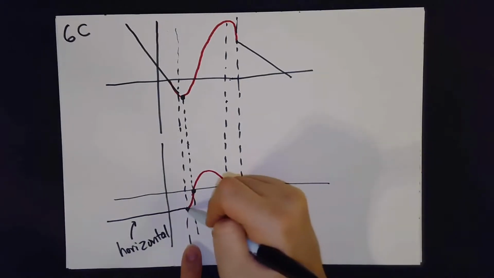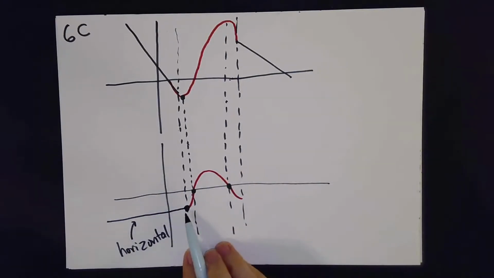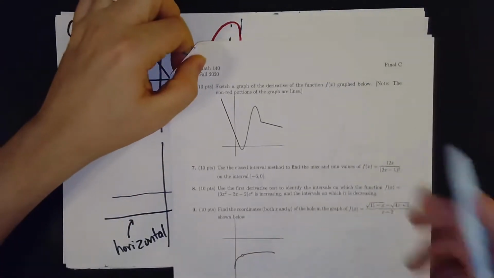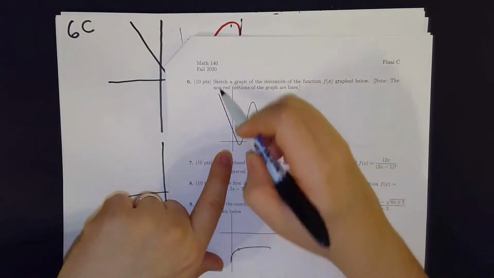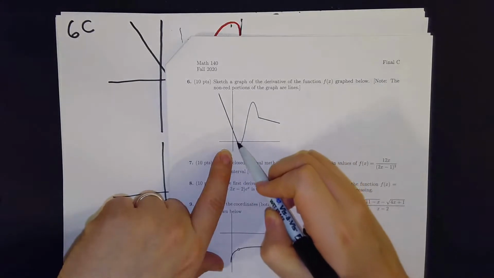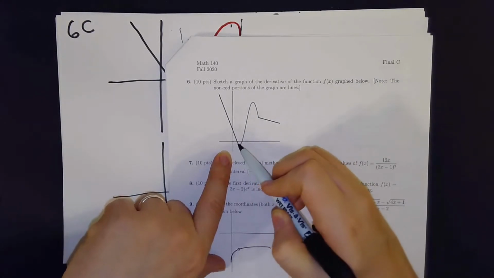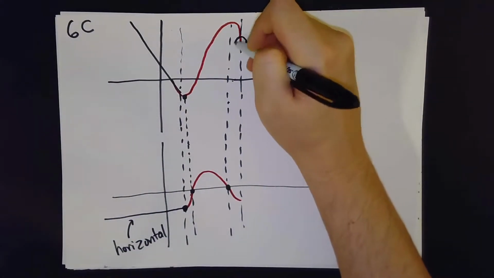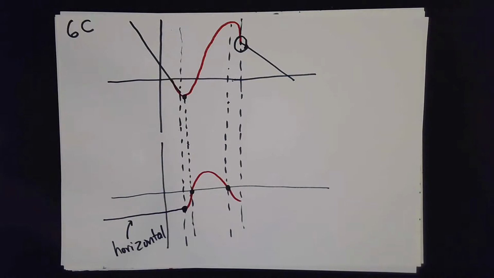Okay. And so again, the fact that these overlap here at this point is communicating the fact that this line met up at the same slope with the graph here. That exact thing, though, does not happen here. Okay.